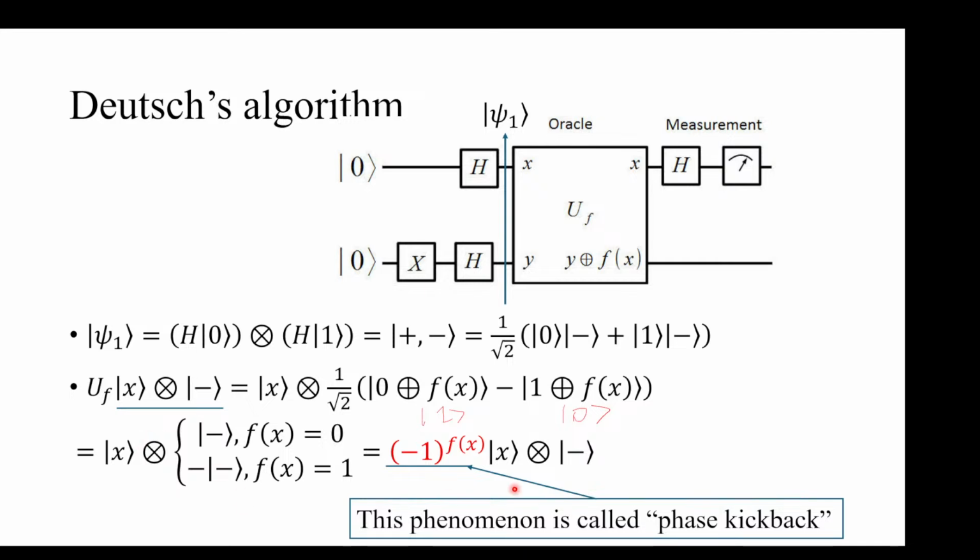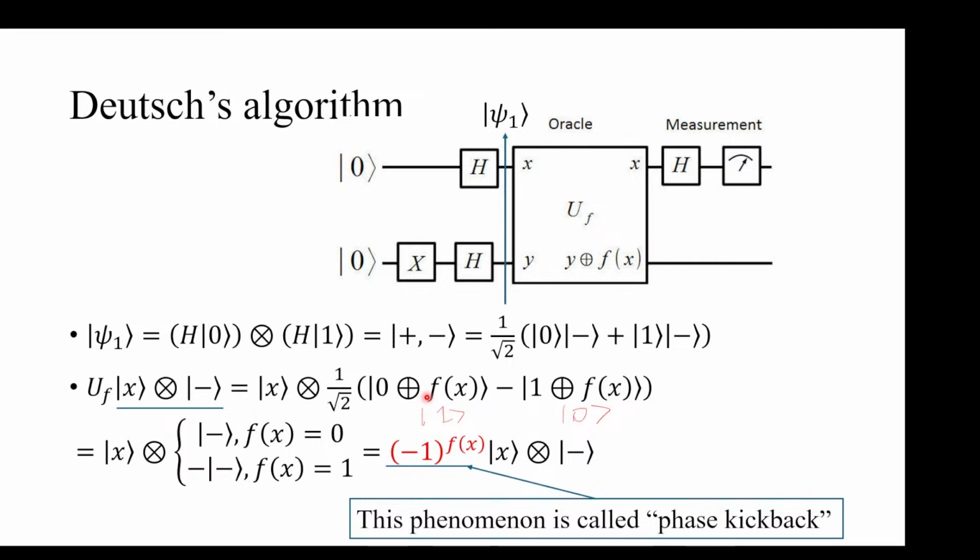This x is just your input x, and the minus state is just the minus state. They don't depend on f of x anymore. So the effect of Uf is totally contained in this phase now. Okay, so this is called phase kickback, and you kick the f of x information out of the second register into this kind of global phase. So this minus 1 to the f of x phase is now how you record the information about f of x.